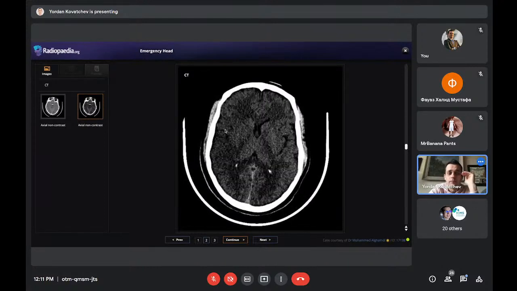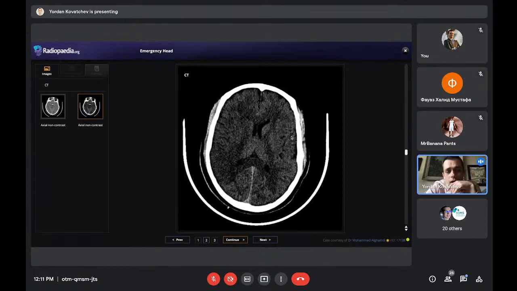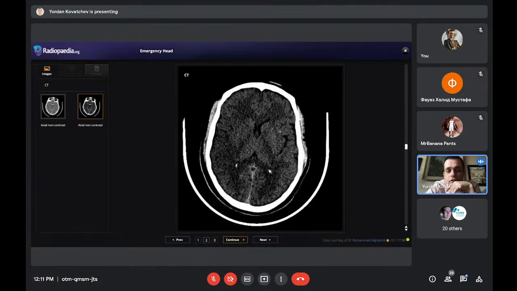Here you see how on the left side you can follow the insular ribbon pretty well: the cortex, the basal ganglia, the thalamus here, caudate nucleus, lentiform nucleus, internal capsule, it's white matter, so it's gray here, external capsule, white matter again, so gray on the scan. But on the right side, you see a loss of gray-white matter differentiation.